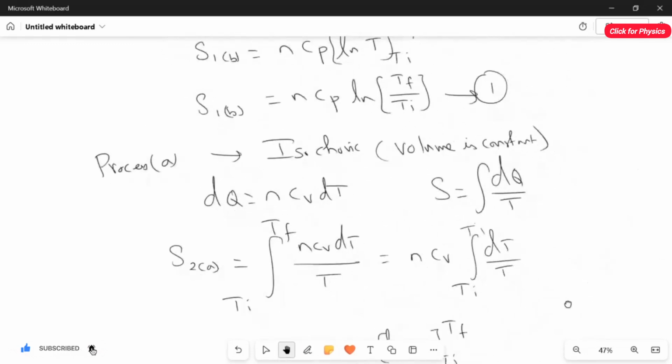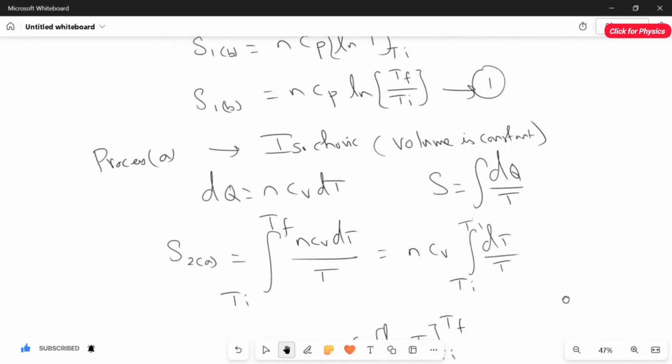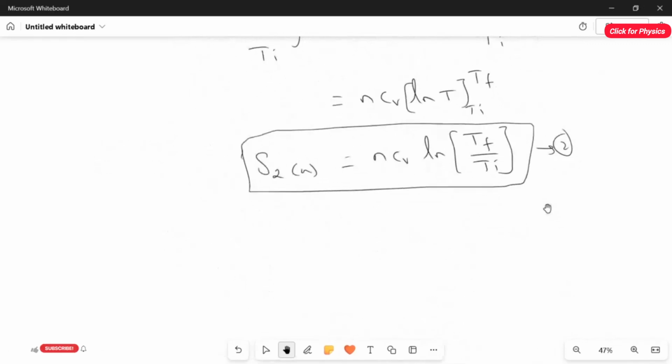Now I'm going to compare equation 1 and equation 2. Let's divide equation 1 by equation 2. First of all, let's start with the left hand side.